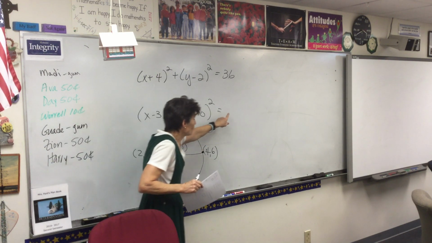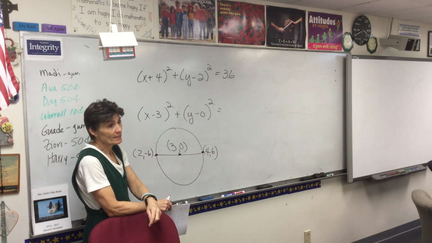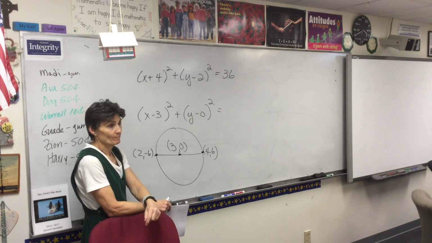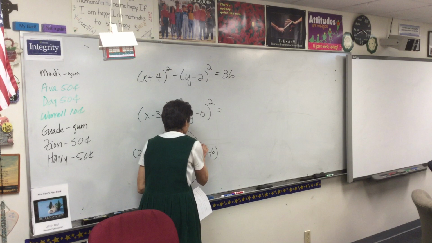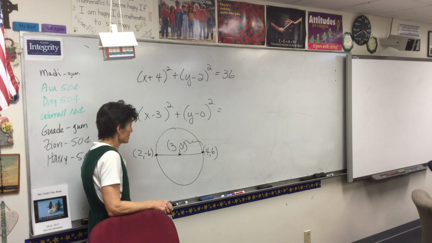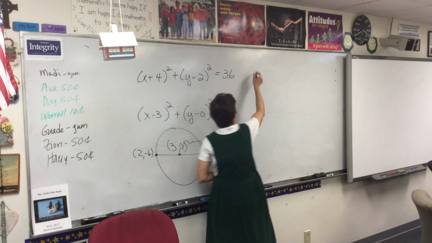Now I need a number over here, and in order to figure that out, I have to know my radius. They didn't tell me. Can I figure it out? Isn't this my radius? So here we go. I remember how to find the distance.